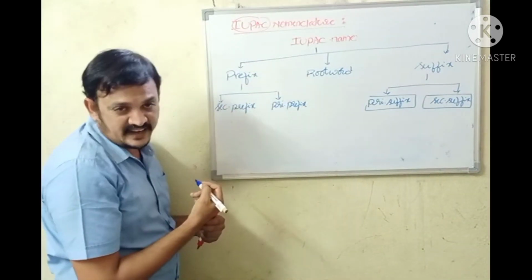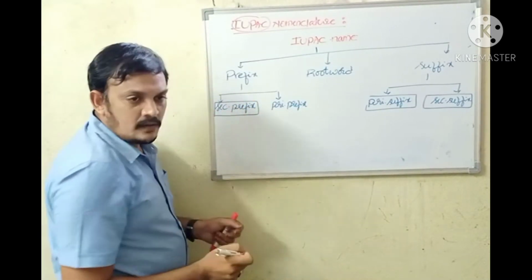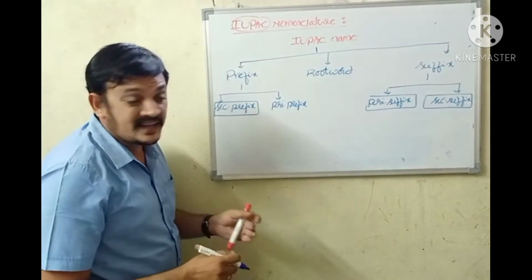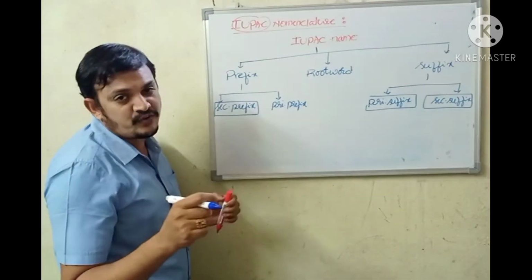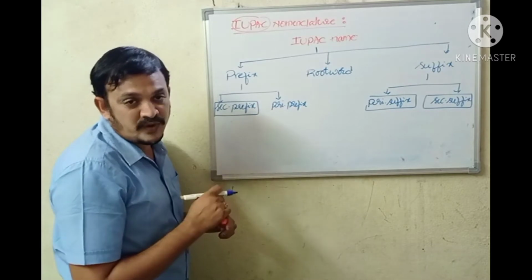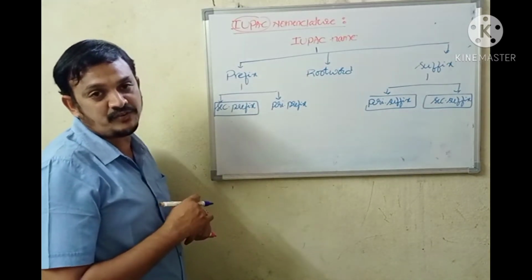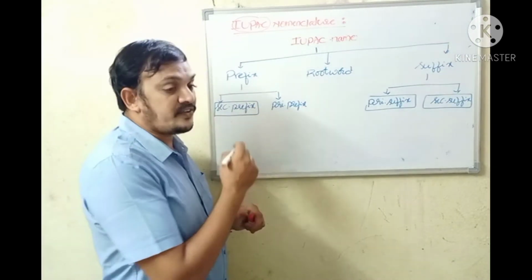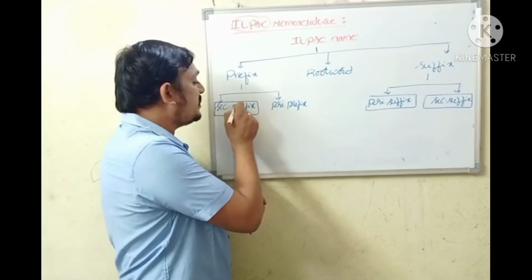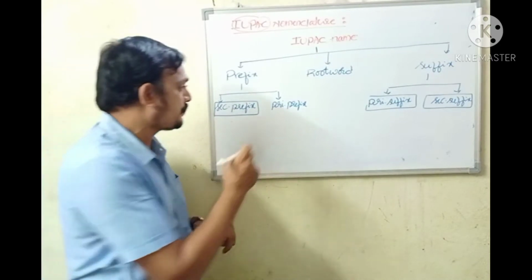What do these indicate? Secondary prefix gives the names of substituents present in an organic compound. Substituents like alkyl substituents, halogen substituent, nitro substituent, alkoxy substituents, their names are indicated in the form of secondary prefix in the IUPAC name of a compound.